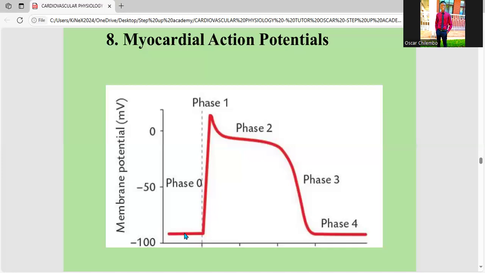Just like the pacemaker potential, even here there is influx of sodium. So the major determinant of depolarization in a pacemaker action is actually the calcium, which opened during L type.